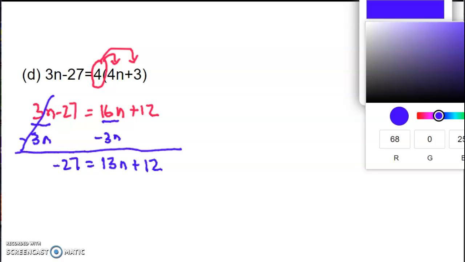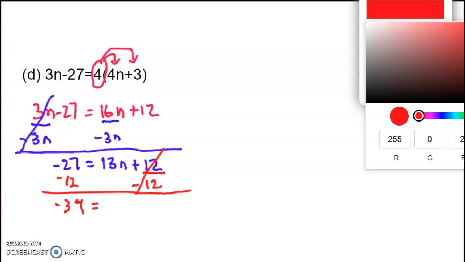Okay, and then from here, what do you have? You have n being multiplied by 13 and then added to 12, so we need to get rid of this plus 12. So we subtract 12 from both sides, and this goes away to 0, and that becomes negative 39 is equal to 13n.